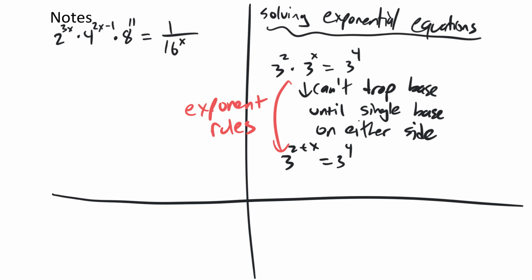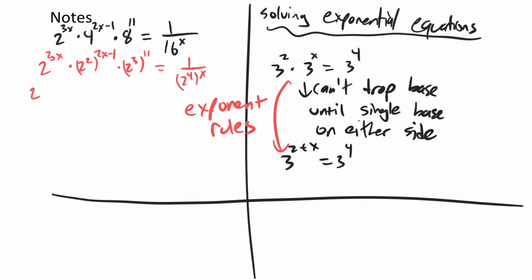Again, go ahead and solve for x. All right, assuming you give this a try, we're going to go for powers of 2. So that's just going to be 2 to the 3x. 4 is 2 squared. 8 is 2 cubed. And 16 is 2 to the 4.